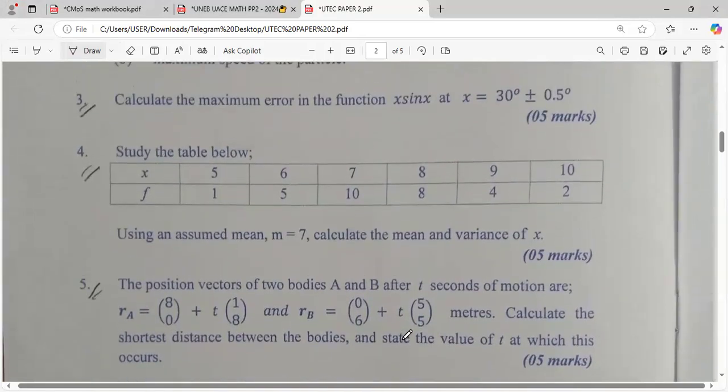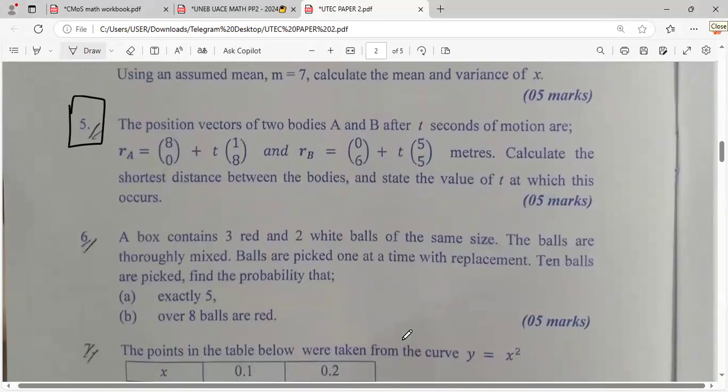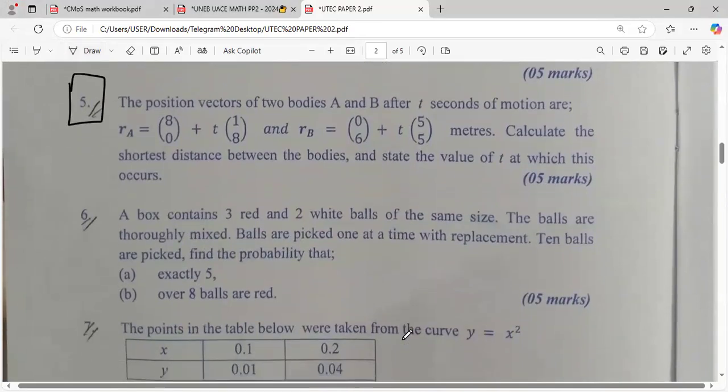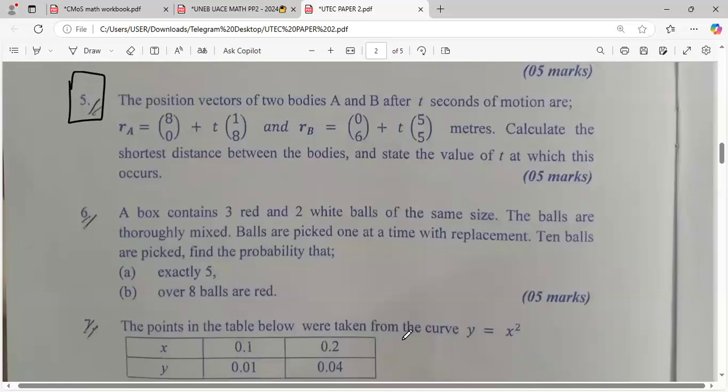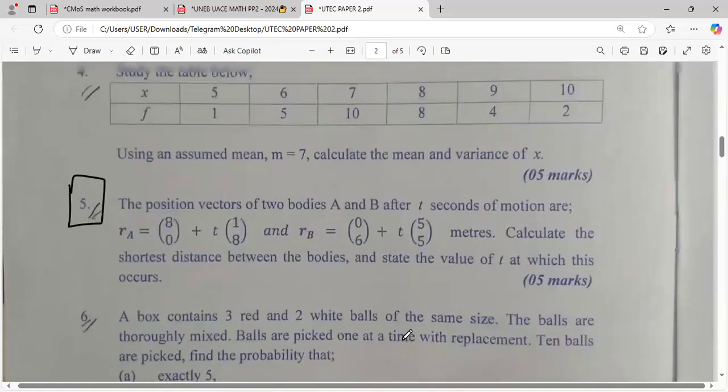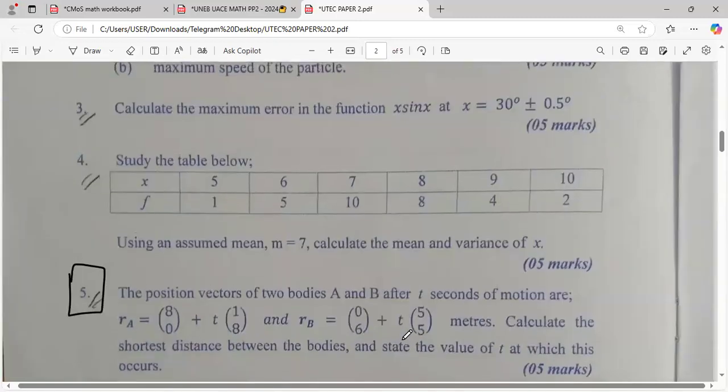Another question, they are giving us the position vectors of two bodies after 30 seconds of motion. Then they are telling us to calculate the shortest distance. The shortest distance.